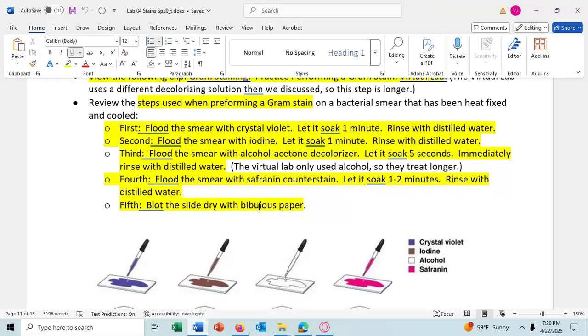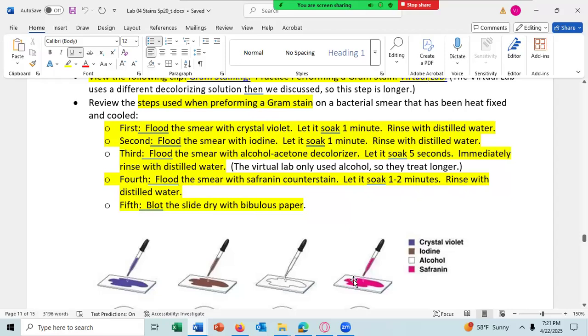It should stop running in around 5 seconds. Once the blue stops running, you stop adding the decolorizer. And then you very quickly wash that slide with distilled water. You want to remove the decolorizer as soon as possible, so you wash it right away.